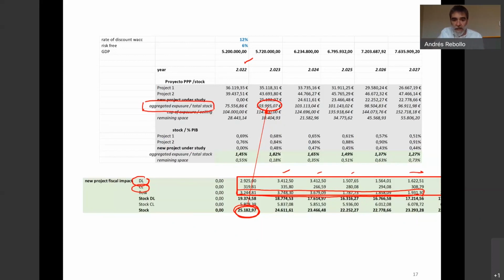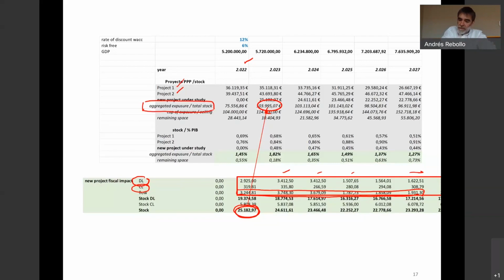When I incorporate this project, the total value of all future liabilities in net present value of the full PPP portfolio, which is project 1, project 2, and this new project, goes up to 103 billion. Okay, 103 billion is the new aggregated exposure if I incorporate this project.